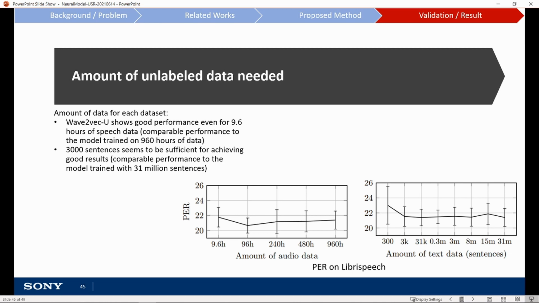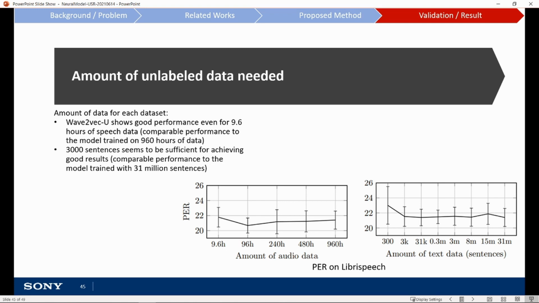Then this is an ablation experiment on the amount of data that they need. LibriSpeech, which I stated earlier, comprises a 960 hour dataset, and the text dataset that was used along with it had 31 million sentences.